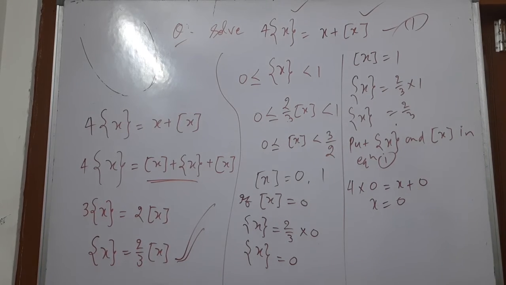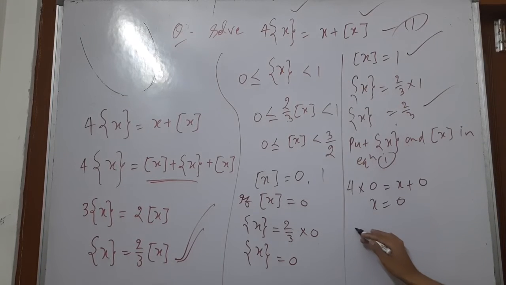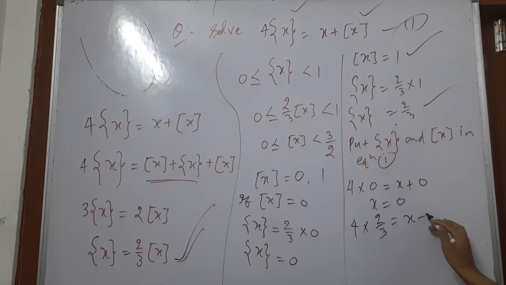Okay. Now in the other case, we put greatest integer x equal to 1 and fractional part equal to 2 by 3. So we get 4 into 2 by 3 is equal to x plus greatest integer x, which is now 1.